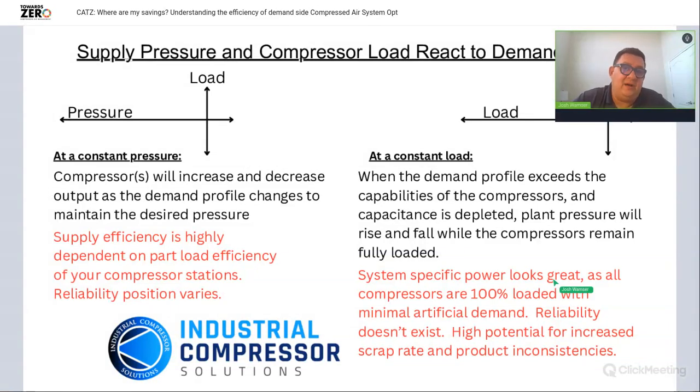That being said, that's all fun and games until you go below the pressure set point that starts causing problems in your facility. When you start having scrap, when you start having to schedule production, you're no longer winning because you've got a good specific power number.